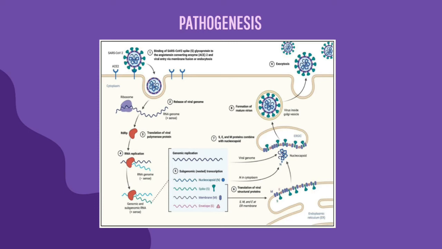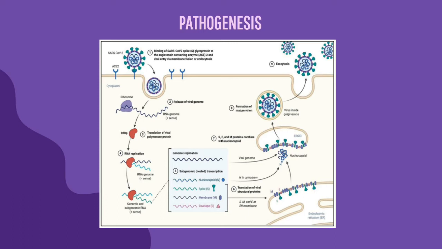During transcription, a nested set of subgenomic RNAs is produced in a manner of discontinuous transcription. Even though these subgenomic RNAs may have several open reading frames, only the closest ORF will be translated.